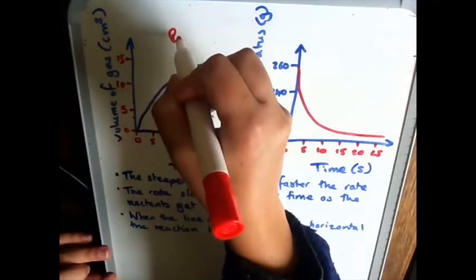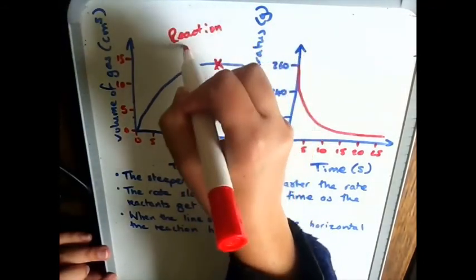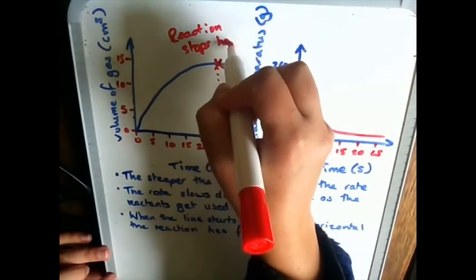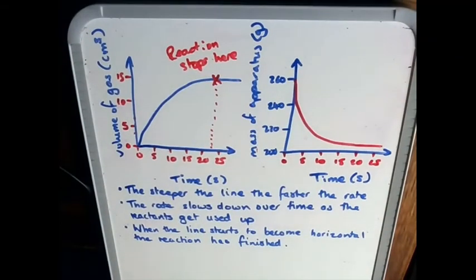So you can add a little note to tell yourself reaction stops here. There we go. So the reaction stops at the point at which the line starts to become horizontal.